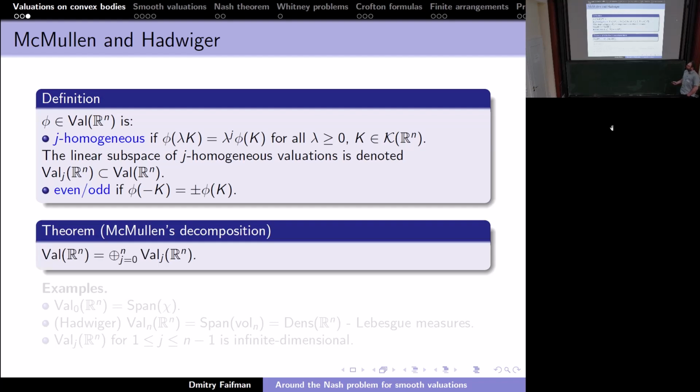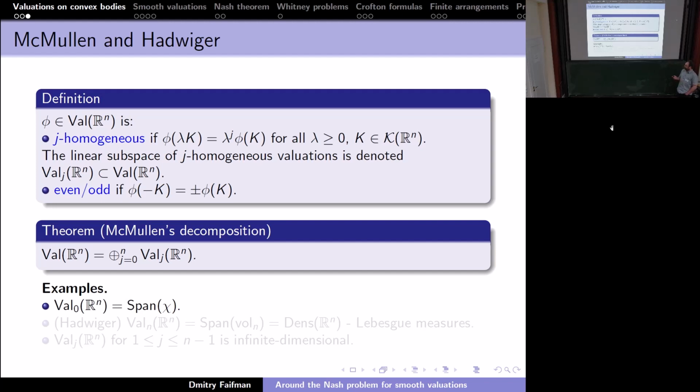And the key observation of McMullen is that the space of all valuations is a direct sum of homogeneous valuations, with degree of homogeneity being an integer between 0 and n. So it's usually enough to restrict your attention to just one of those spaces.